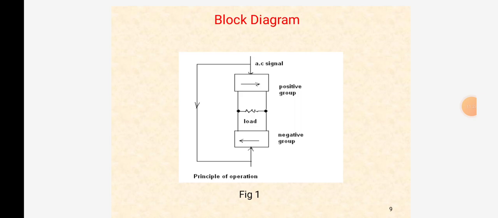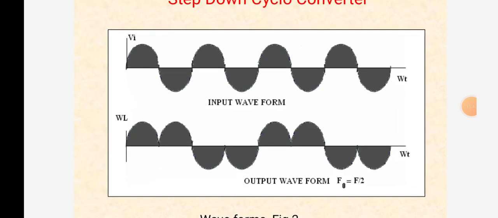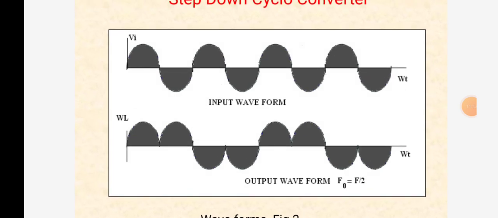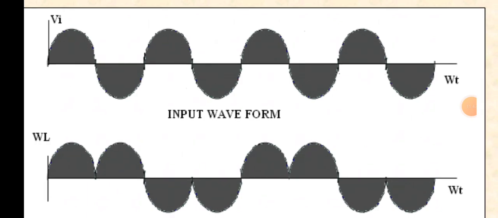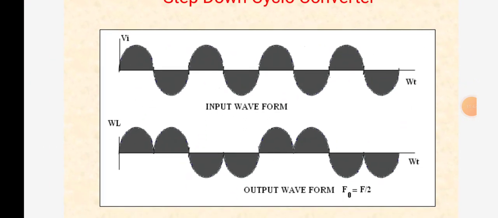Here the half cycles are marked 1 to 8, meaning 1, 2, 3, 4 for the positive half cycle and the rest for the negative half cycle.